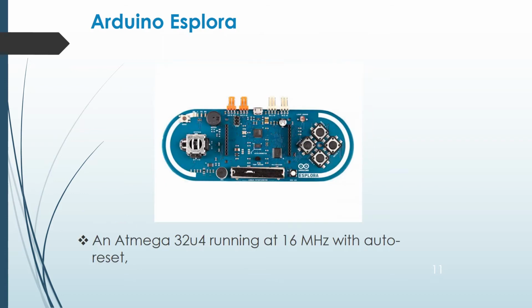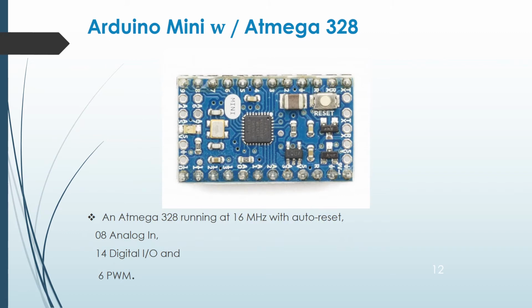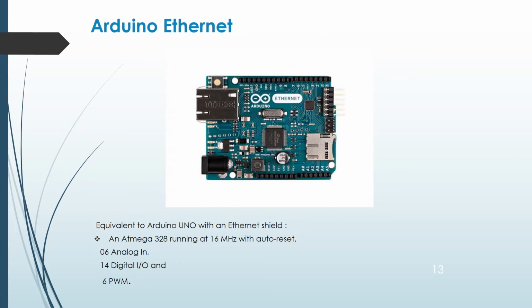Next is Arduino Esplora. This is running at 16 MHz with auto reset facility. Next is Arduino Mini, which is also said to be ATmega328. This is having 16 MHz with auto reset facility with 8 analog inputs and 14 digital input output and 6 PWM.